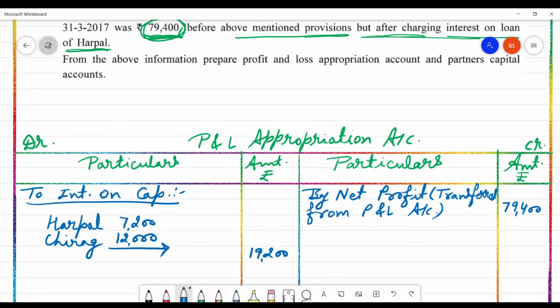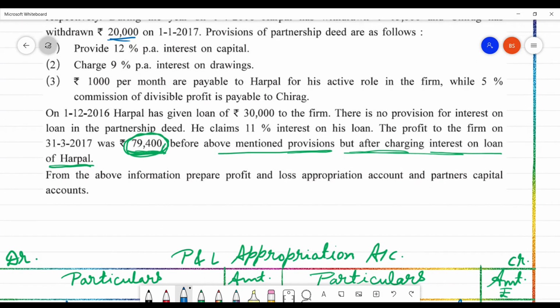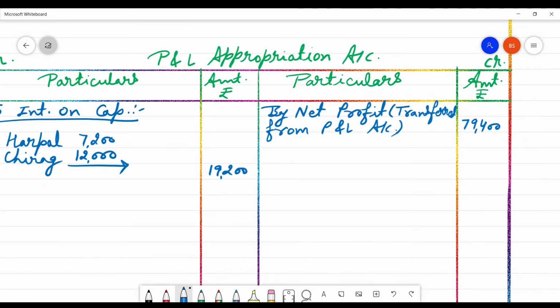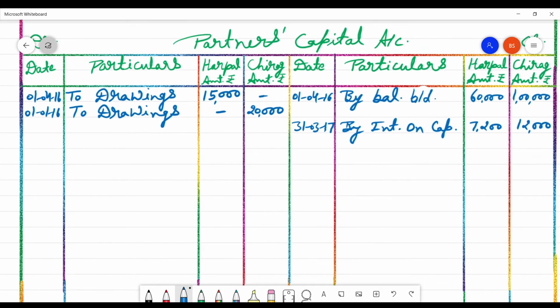Then second adjustment is charge 9% per annum interest on drawings. So here also we will write the last date of the financial year, 31st March 2017, to interest on drawings.